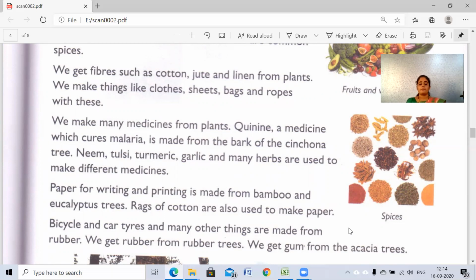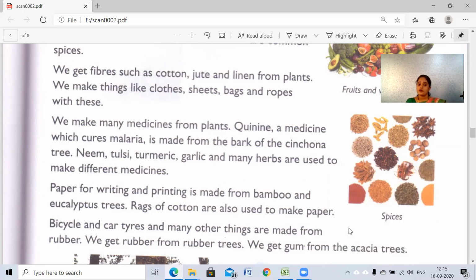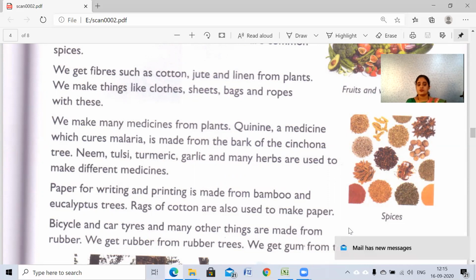Look here. We get fibers such as jute, cotton, and linen from plants. We make things like clothes, sheets, bags, and ropes with these.